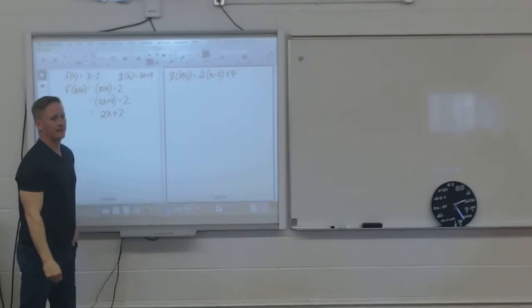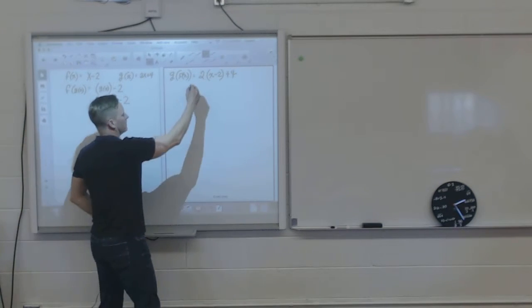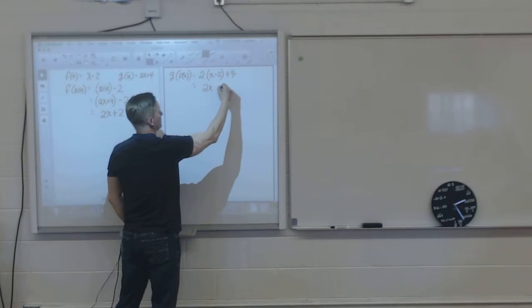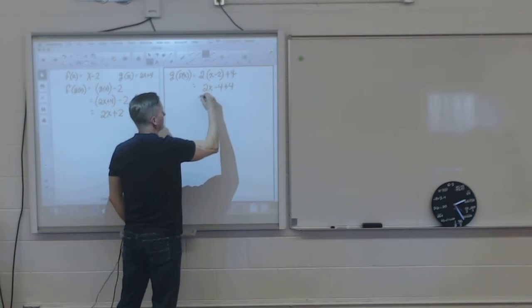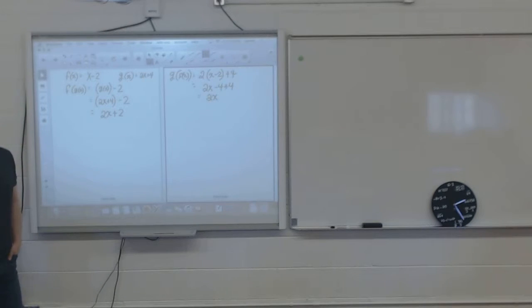So I substitute in my f of x equation for this, right? Now I simplify, I get 2x minus 4 add 4. My new function is equal to 2x. So far, are you following this? This is huge that we get this really understood.